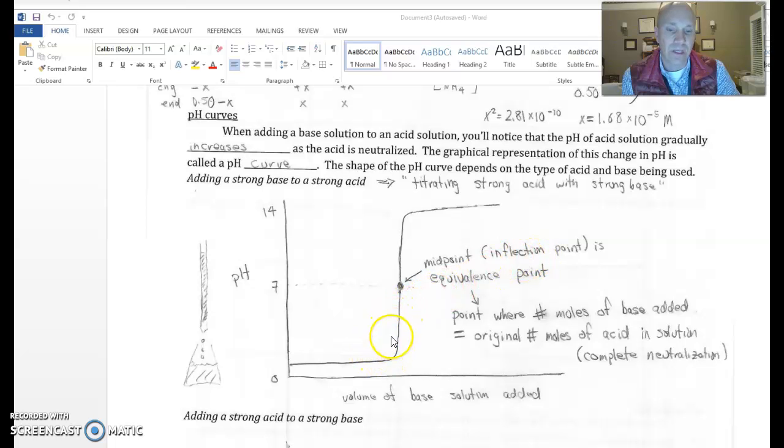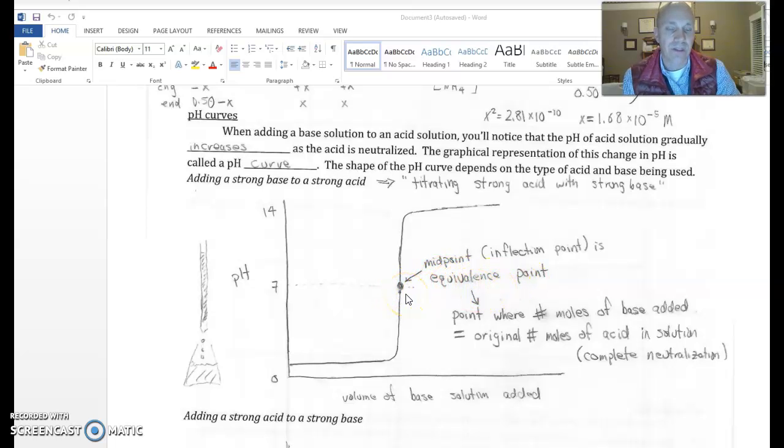You can see here this is concave in this direction, and up here this is concave in this direction. So there's a point in the middle of this line where the curve goes from going one way to the curve starting to go the other. That's the inflection point, and that's what's considered the equivalence point.